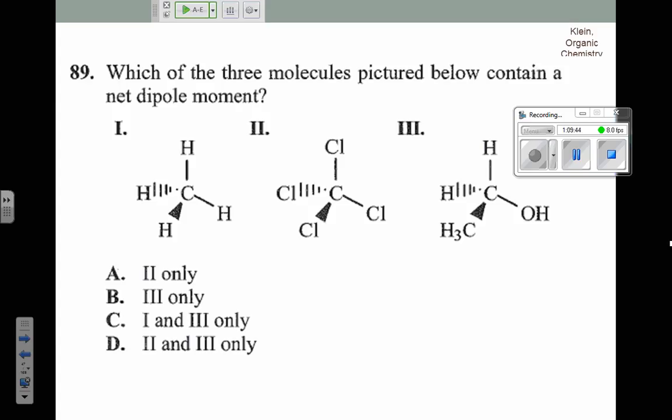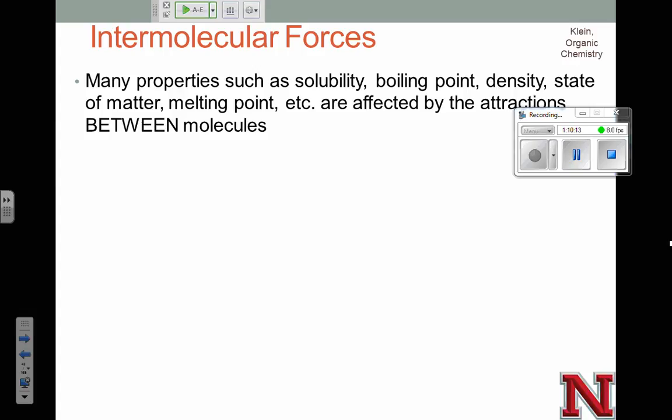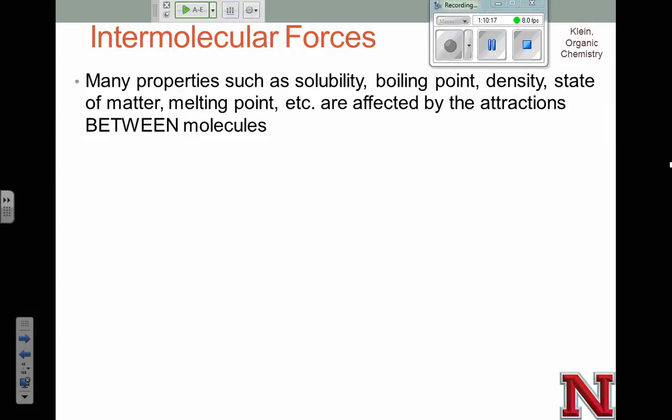Number 2 and number 3 both have polar bonds, but number 2 completely cancels out because of the tetrahedral geometry. So only number 3 has a molecular dipole. Now I'll warn you, if one of these is something like hydrogen, you're going to have a dipole. A bromine doesn't have the same dipole as a chlorine, so it won't cancel out completely. But those are three of the exact same. And that's all you need to know, I think. I don't think we need to go into more detail.